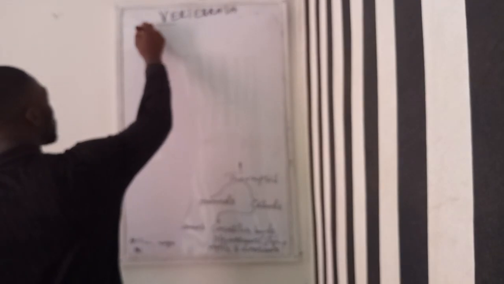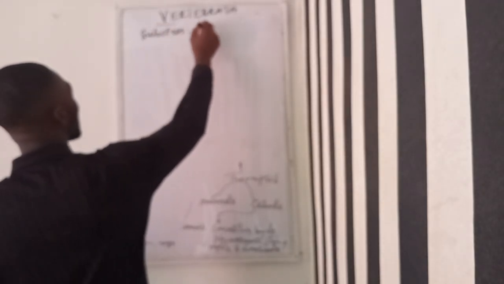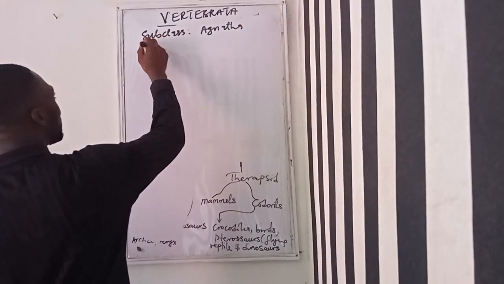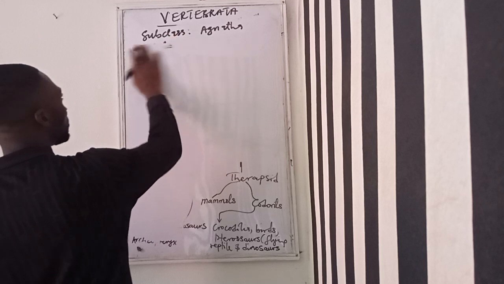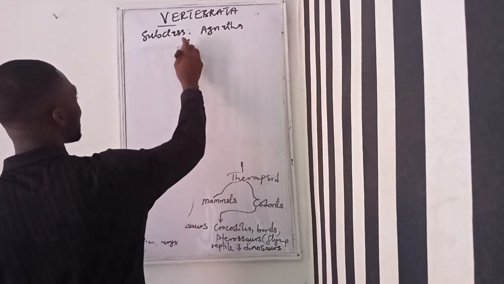So the first one is superclass Agnatha. I mentioned that. Agnatha is superclass. We have another superclass. So superclass Agnatha. We have classes.